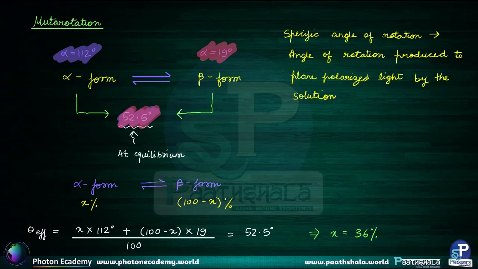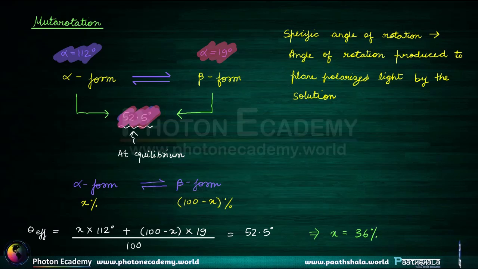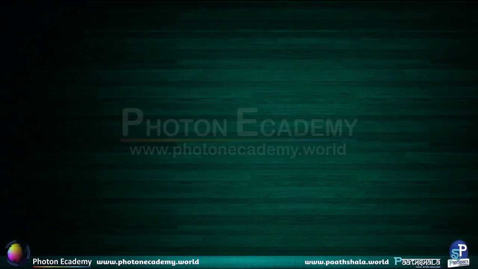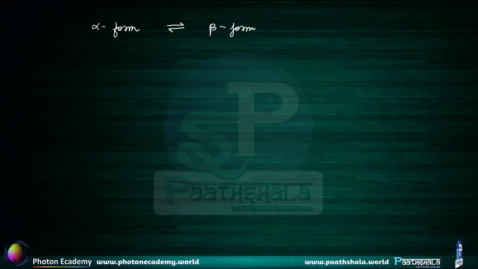So if my x is 36%, assuming alpha form and beta form were in equilibrium, our alpha form was 36%, and beta form was 100 minus 36, so it automatically becomes 64%. So now we have alpha and the beta form, their respective percentages.